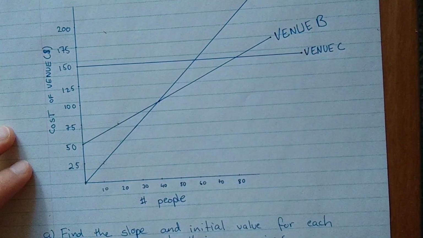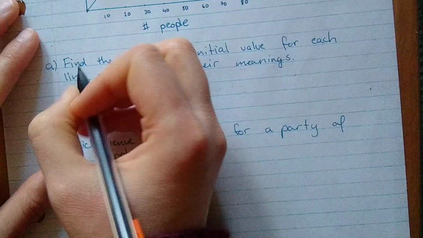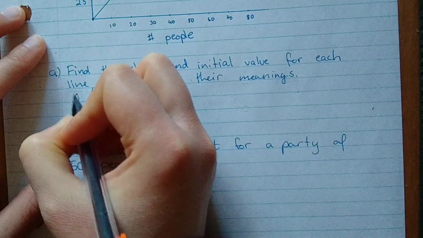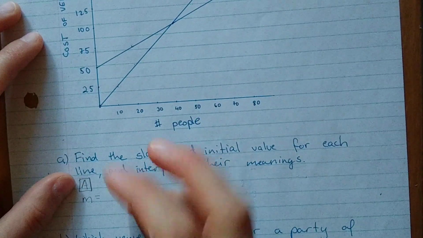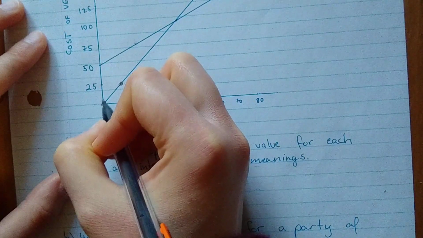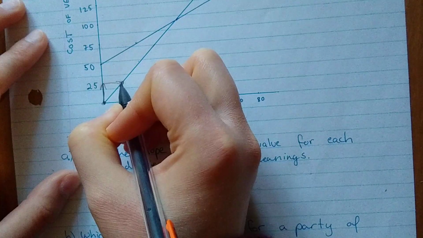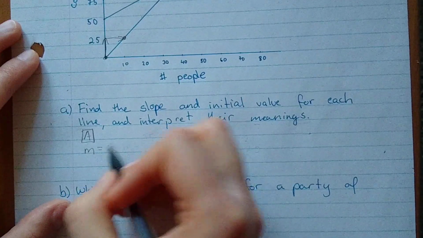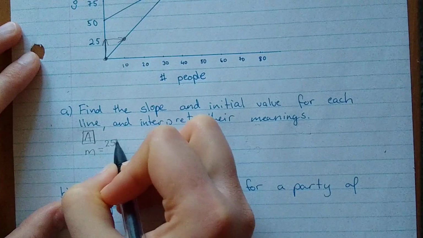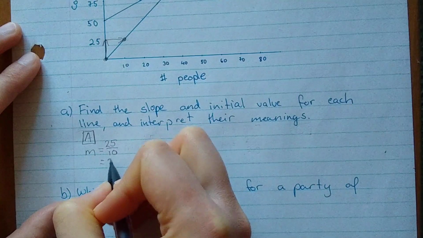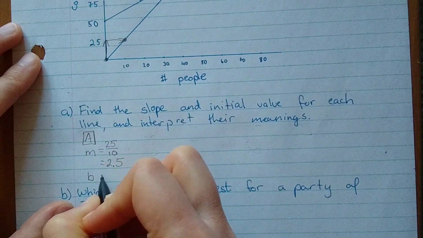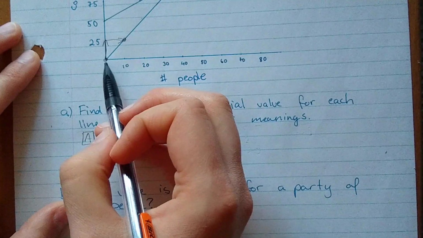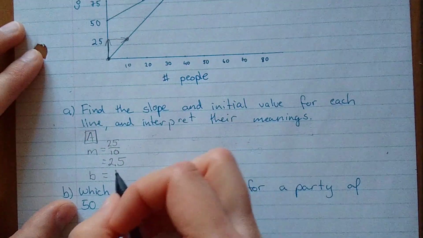So let's look first at venue A. Here, let's look at the slope. We can use 0, 0 here, and we can use 10, 25 here. So we're going to go up 25 and to the right 10. So our rise over run will be 25 over 10, which is just 2.5. And our initial value, we're going to use the letter b for, starts at 0 here on the dependent axis.